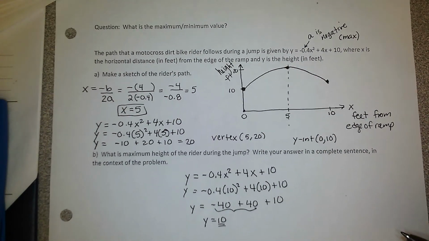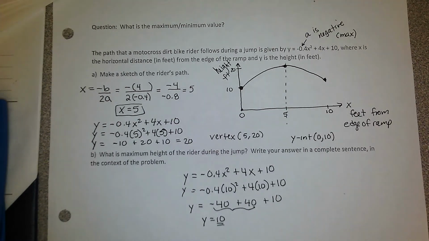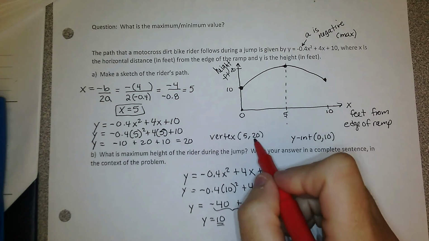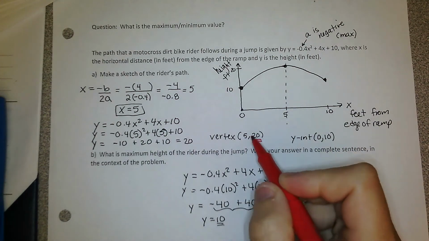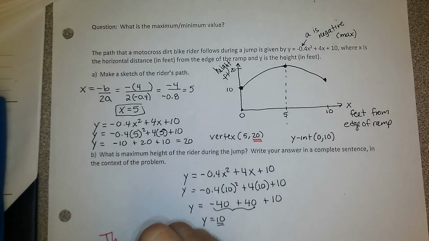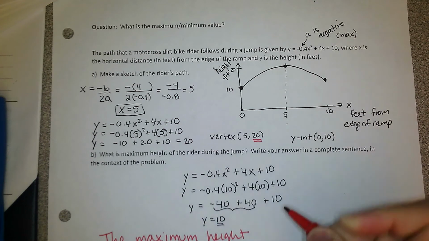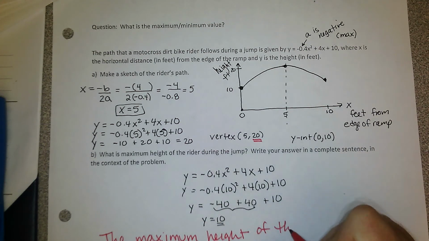What is the maximum height of the rider during the jump? Now it's time for us to write our answer in a complete sentence in the context of the problem. So the maximum height, how high did this guy jump? What do we have? Our vertex is 5, 20. So the maximum height of the jumper is 20 feet.